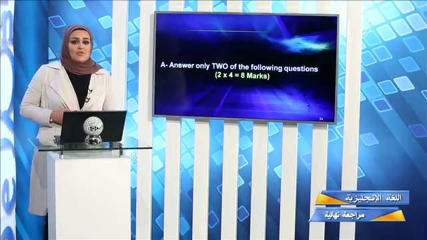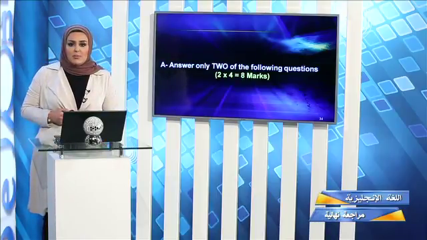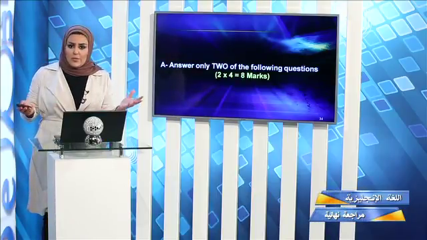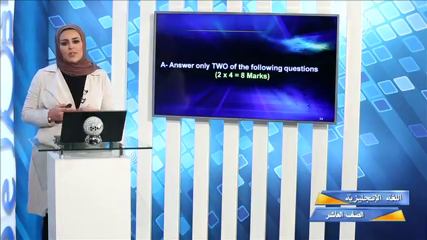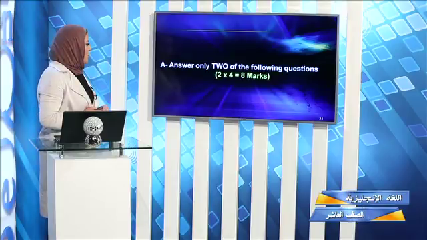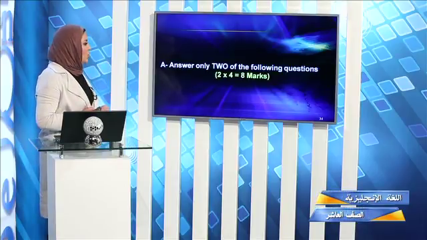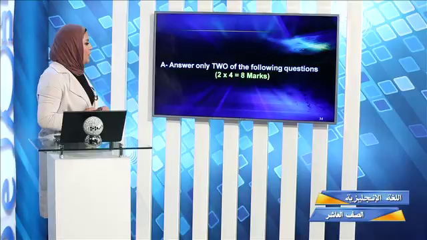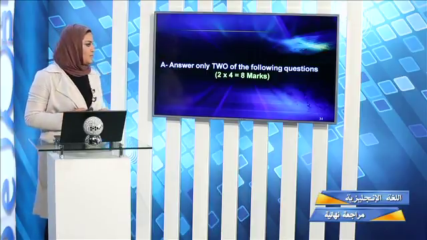Now you're going to have 2 questions. Of course, the set book that is related to the regular lessons and also the literature time questions. So for the first question, you answer only 2 of the following questions. You're going to have 2 questions by 4, so the total is 8 marks.